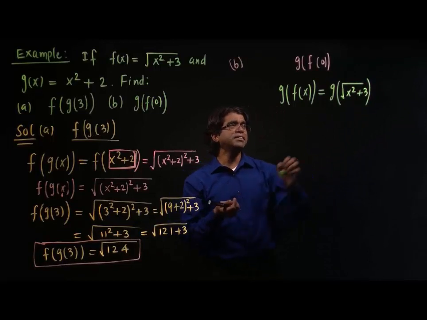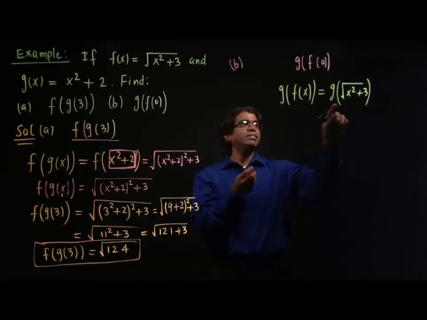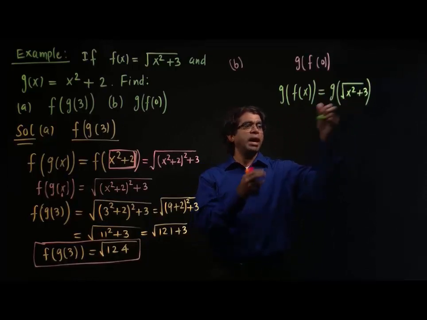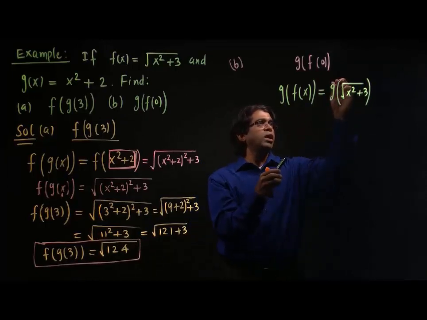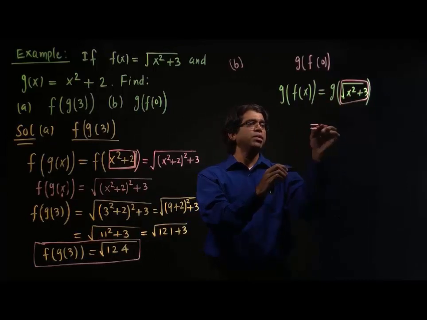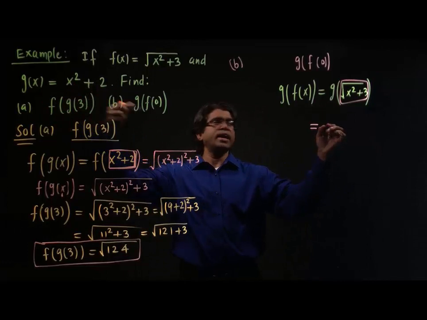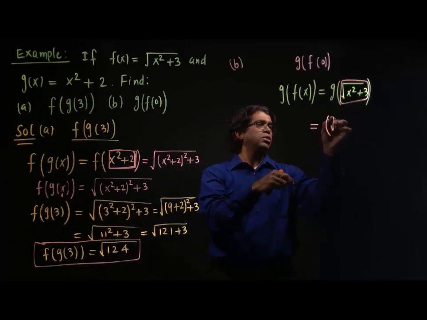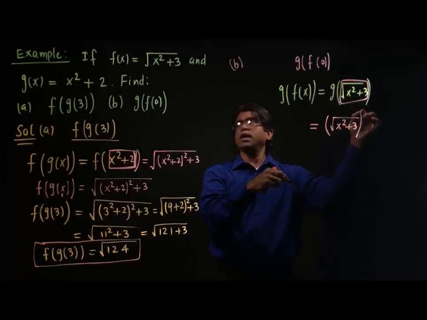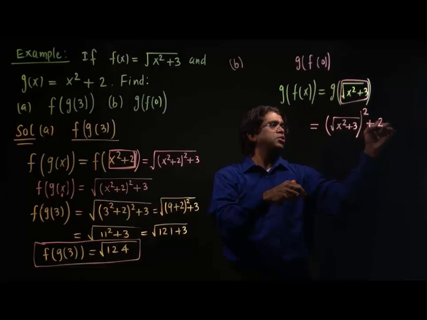Now, when I consider my function g, I will substitute every x by the square root of x squared plus 3 in the function g(x). So g(x) is x squared plus 2. For x, I'm going to substitute the square root of x squared plus 3, and then I have this square right here, so I will write squared plus 2.